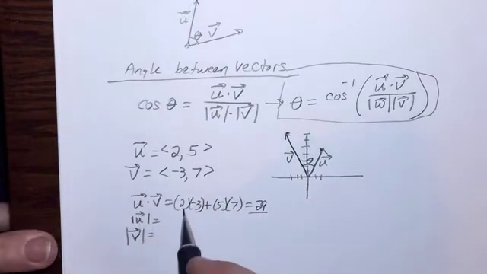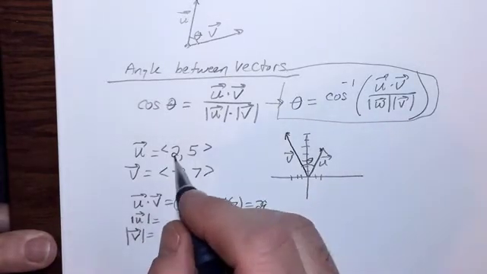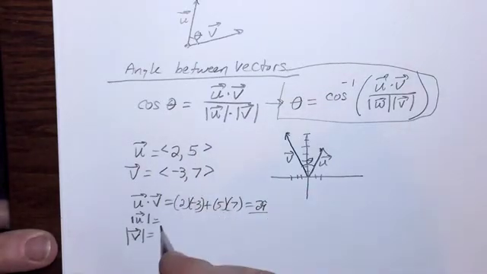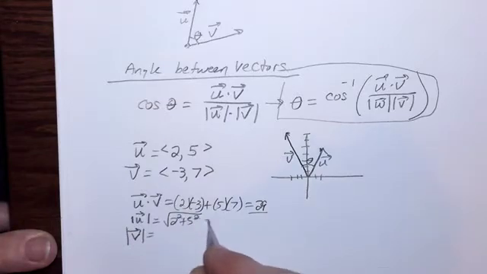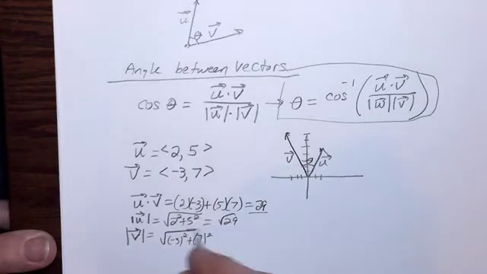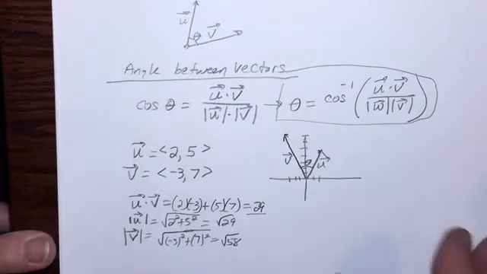The magnitude of u, remember, the magnitude is the square root of a squared plus b squared. So this is the square root of 2 squared plus 5 squared, which is the square root of 29. This one is the square root of negative 3 squared plus 7 squared, which is 9 plus 49, square root of 58.